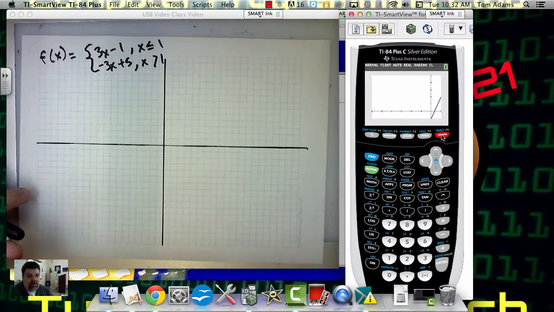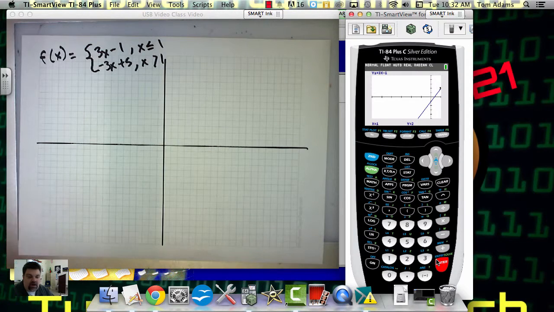So I'm going to hit graph. And so that's kind of what my line looks like when x is less than 1. Maybe I'm going to zoom out and look at the y values a little differently. I'm going to change my y minimum to like -5. And let's graph this. If I hit trace and I put x equals 1, my y value equals 2.